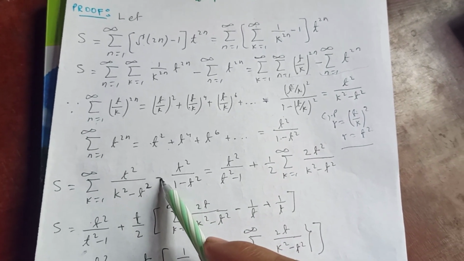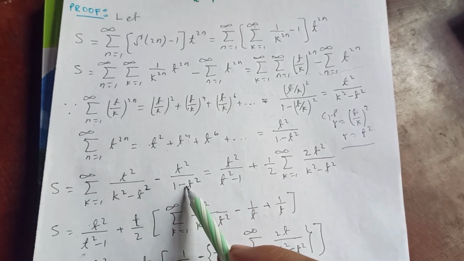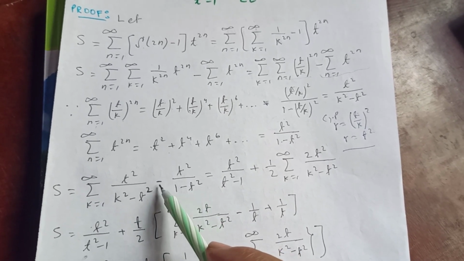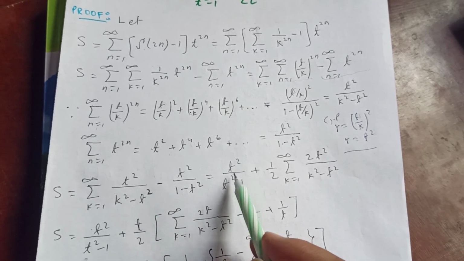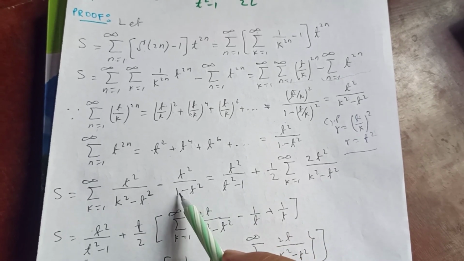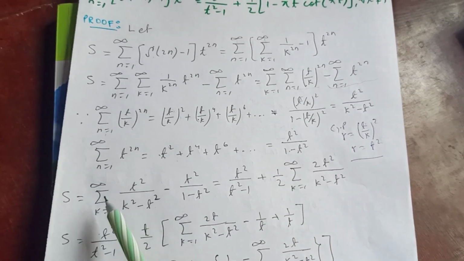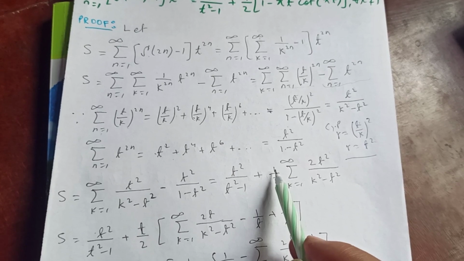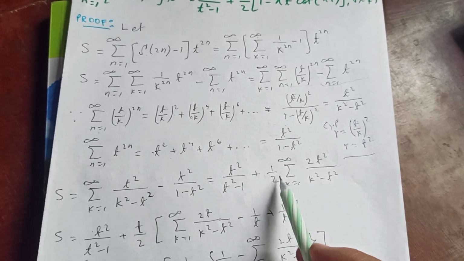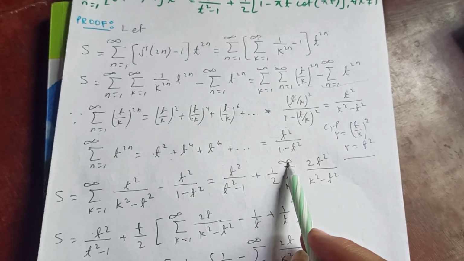Now I don't want this negative sign, so if you multiply this by negative, then you get t square upon t square minus 1, right? Which is plus, here is plus. So let me take 1 by 2 common here. 1 by 2 sum from k equal to 1 to infinity.